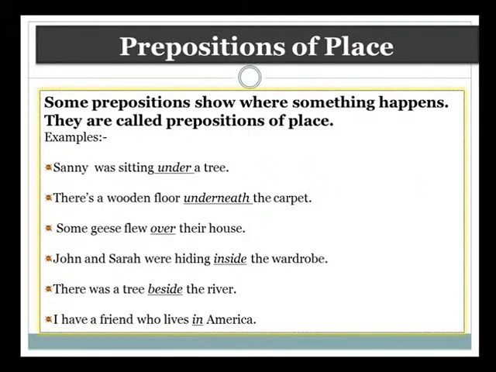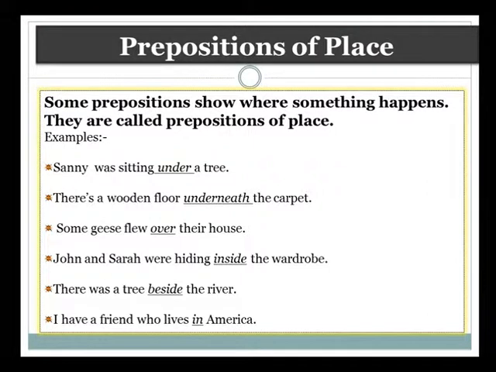So, the question would be, where did some geese fly? The answer would be, they flew over their house. John and Sarah were hiding inside the wardrobe. So, can you frame a question out of it? What should it be? It would be, where were John and Sarah hiding? They were hiding inside the wardrobe.